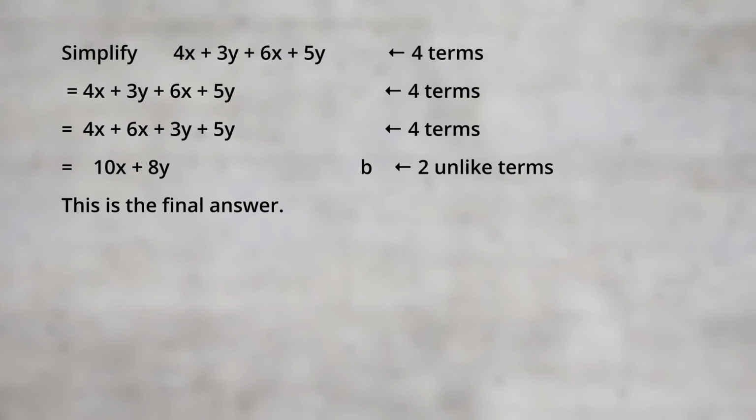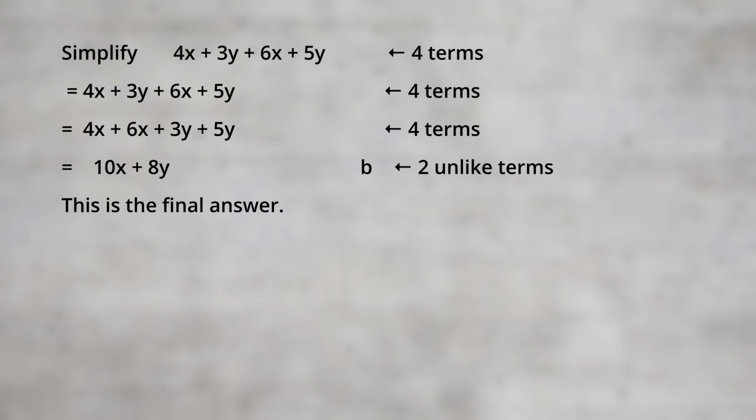Now, add the 4x and 6x, which gives 10x, and the 3y and 5y, which gives 8y. 10x plus 8y is the final answer. Note that it's not necessary to rewrite the expression. This has been done for ease of understanding.